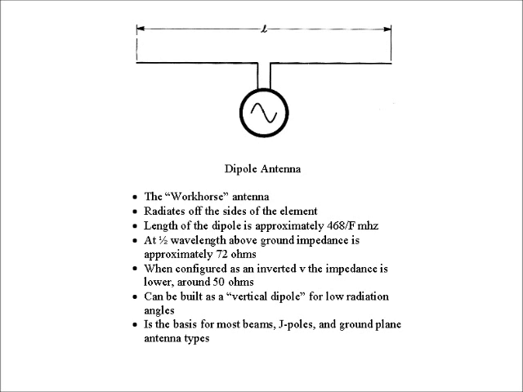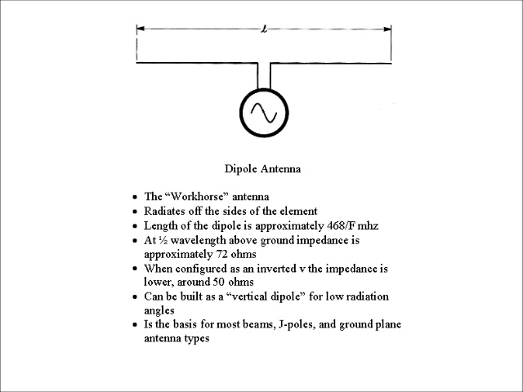5 meters, by the way, is 16.4 feet. So who's got a calculator? You take 468 and divide it by 30. 468 divided by the frequency in megahertz, 468 divided by 30. You come up with 15.6.